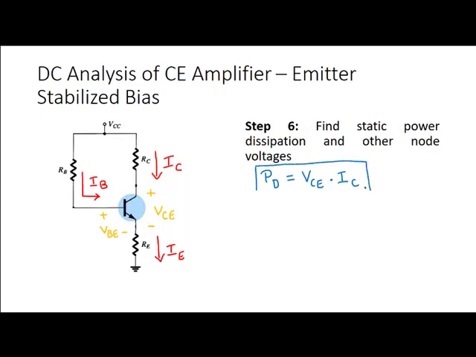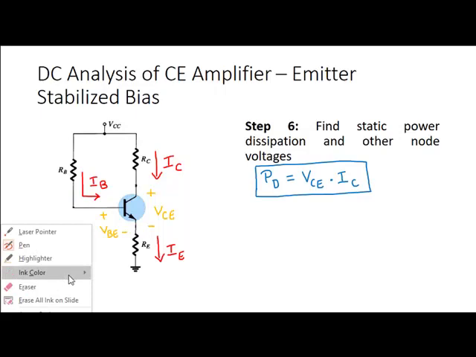IB is negligible, so the current flowing into the device and out of the device is almost the same. So this is the static power dissipation of the transistor. Let us quickly mark the remaining node voltages. We have VBC here, the voltage between the base and the collector terminals.